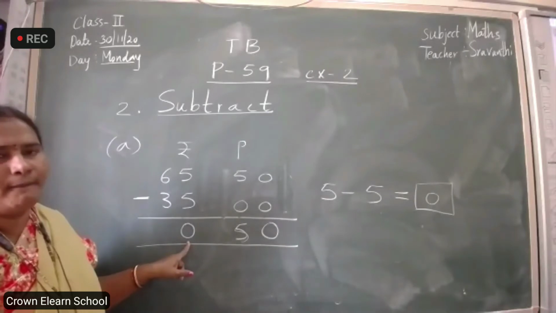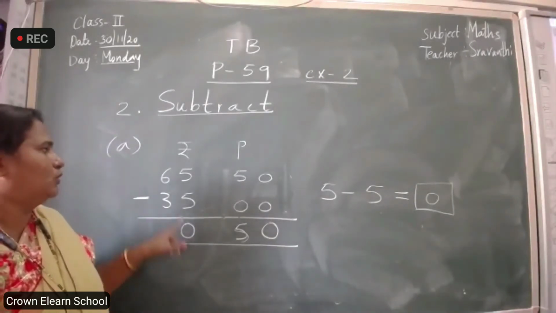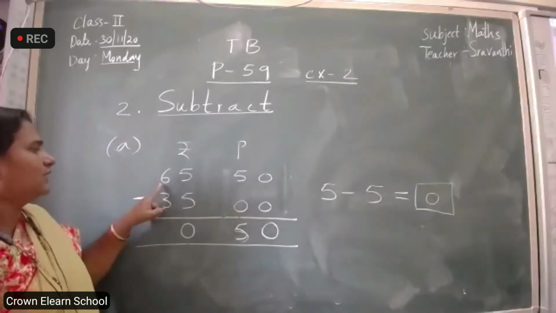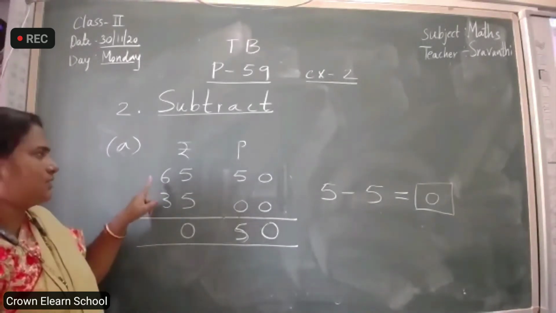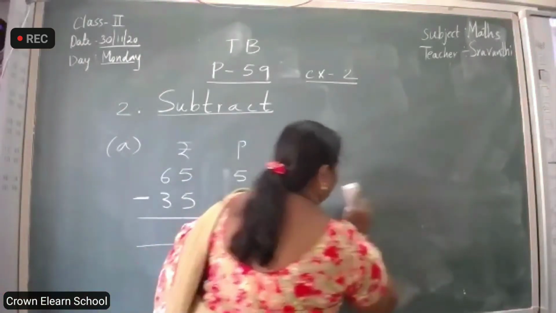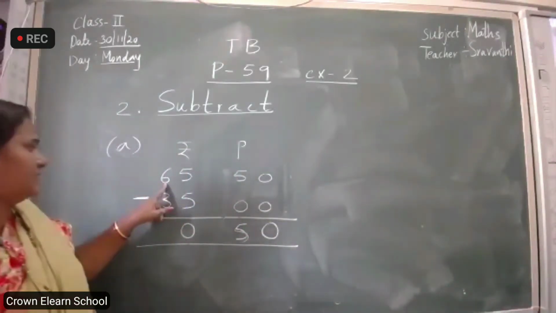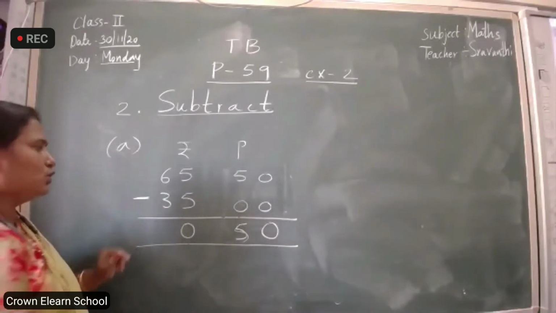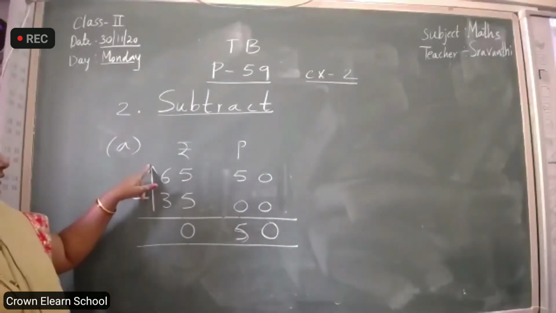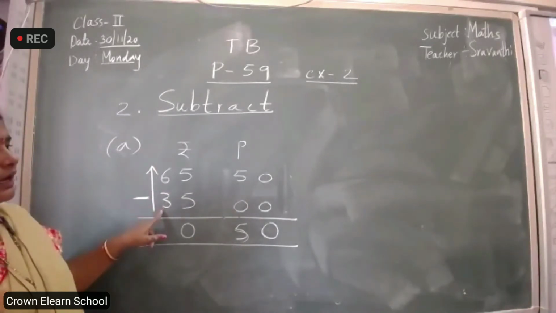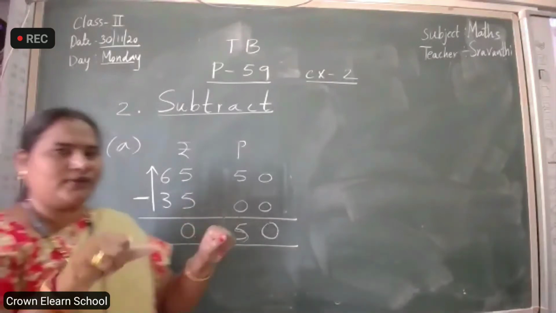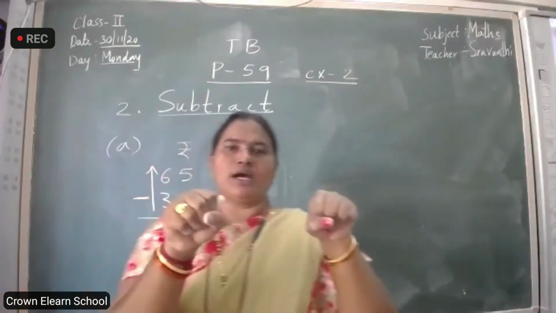Next, let us go to the next place, the tens place. 6, 3. 6 minus 3. You know how to do it? In this way, you start from here and count forward till you get 6. Close all fingers.